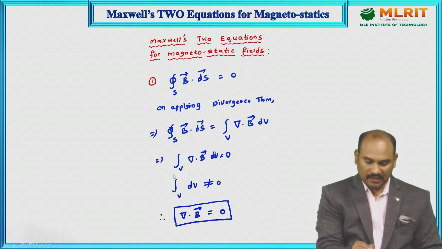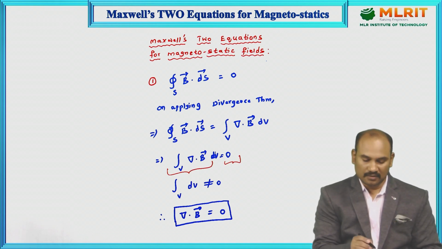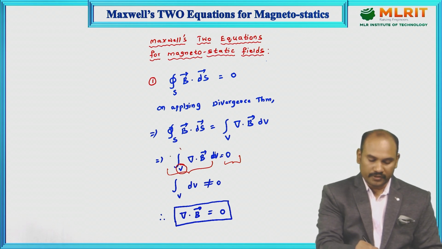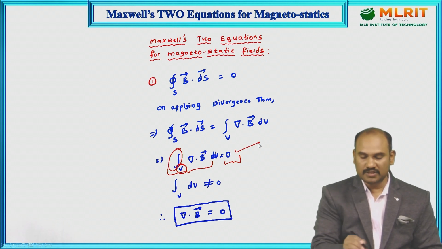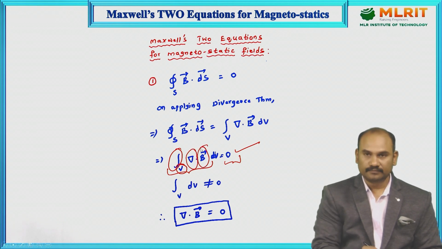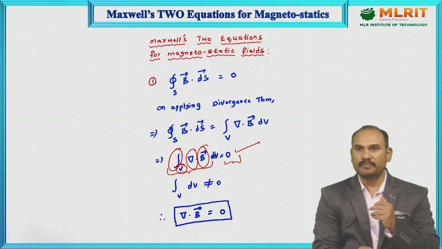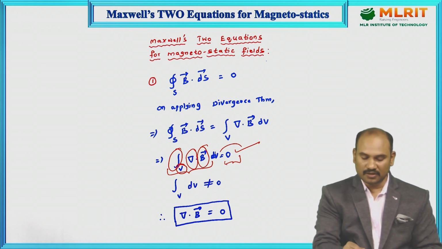Now, if this left hand side is equal to 0, then there are two possibilities. Either the volume over which you are integrating should be 0, or the divergence of this vector, in this case B bar, should be 0. In either case you will get 0.